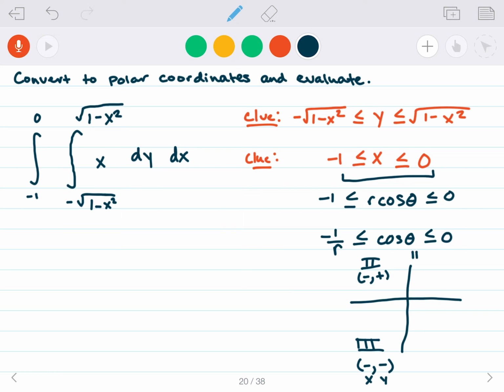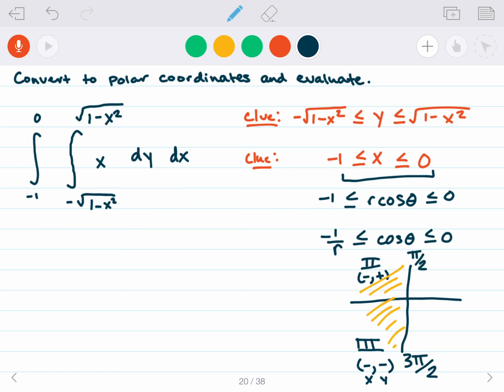So it could be that we're on this axis, pi over 2, or we're on this axis, 3 pi over 2. And it could also be anything within this region right here. Okay? So theta, because cosine varies between negative 1 over r and 0, my angle is going to vary between pi over 2 and 3 pi over 2.